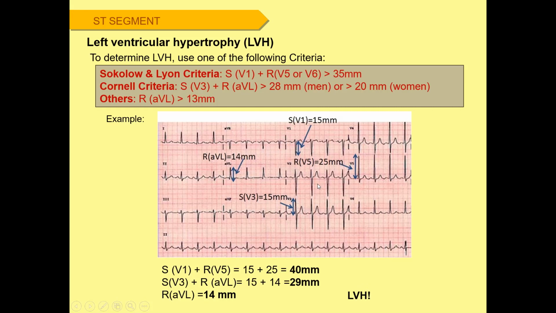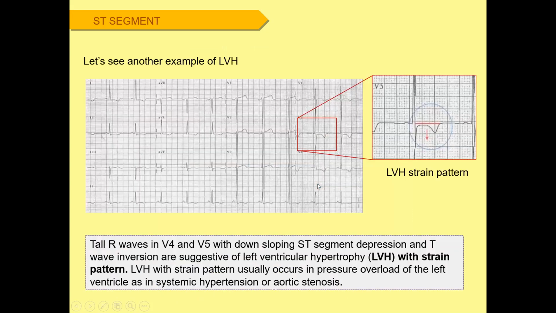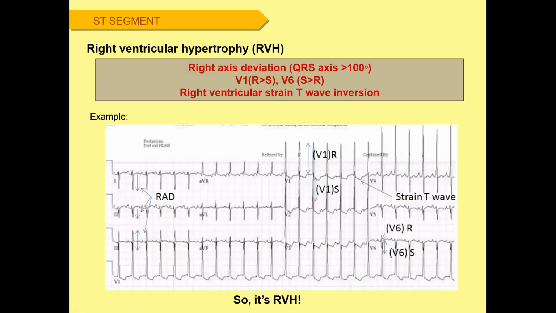So it is called LVH, and you can see that in LVH the R in V5, V6 is big, and there will be T wave inversion, which is known as the strain pattern. LVH with strain. For RVH, there should be right axis deviation. You look at that: it is predominantly negative in lead 1 and predominantly positive in aVF, so it is a right axis deviation.